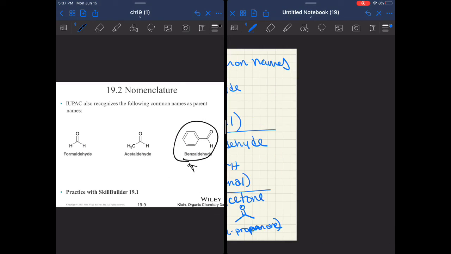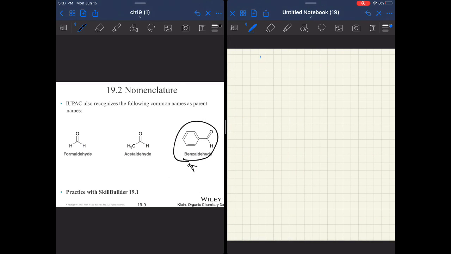Now, this isn't in the slides, but I expect you to know it. What to do with ketones when they're not high priority. So when they're just a substituent on the parent. They're really easy to name. They are oxo groups.